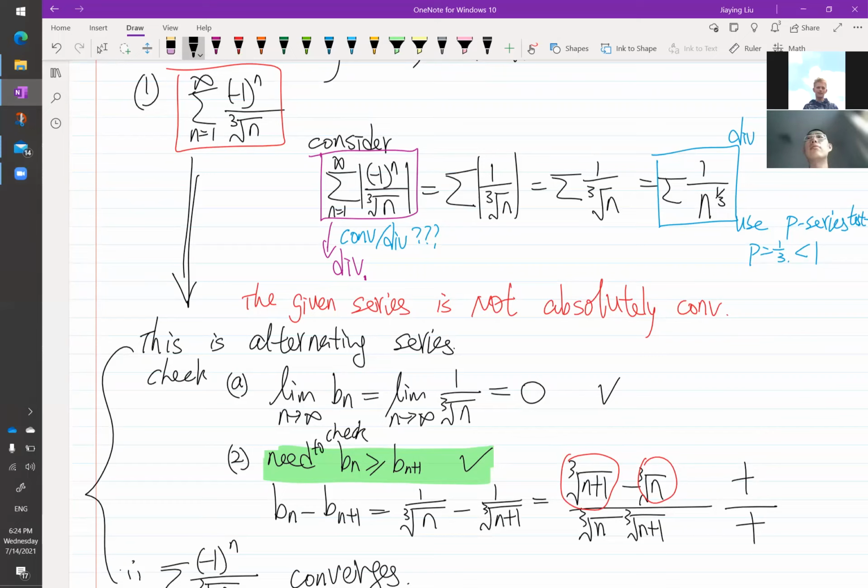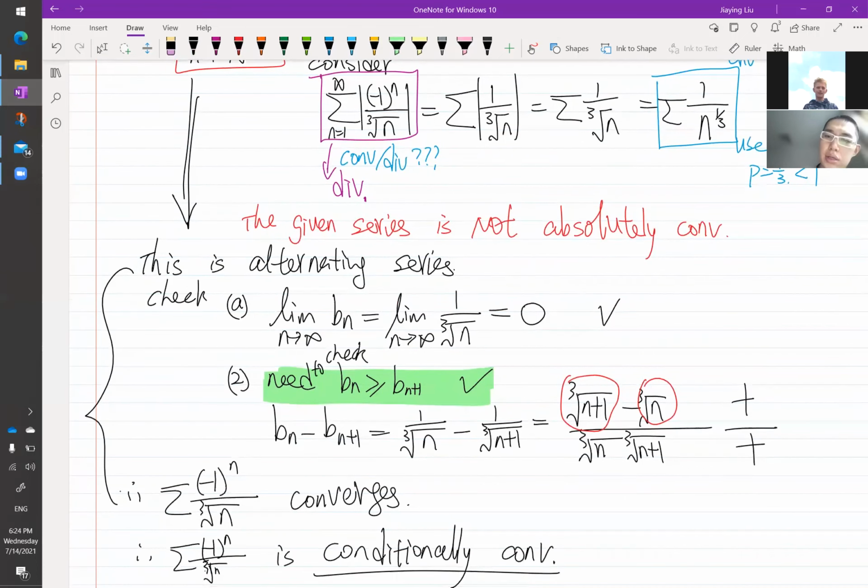I guess I'm just confused on how that negative n to the root third power is positive. Like, how is the n plus 1 minus the root n turning positive? Because I see a negative in there. You have a negative, but the difference is positive. That's why I wrote a positive sign. Oh, okay.